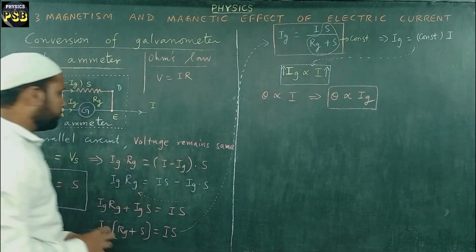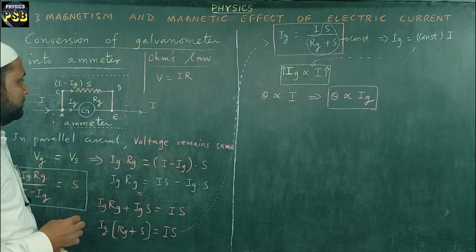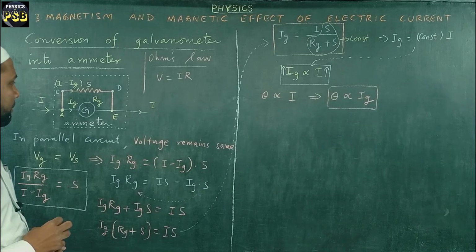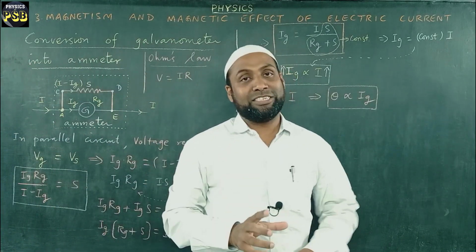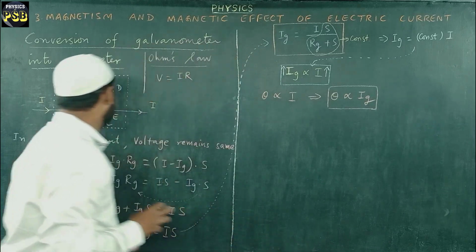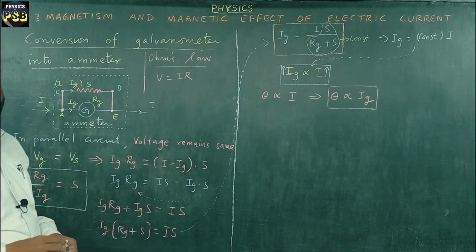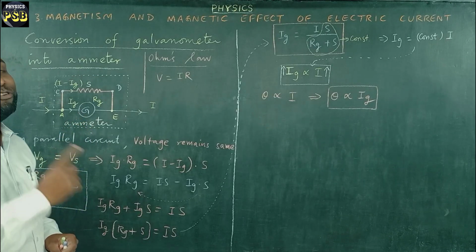When we convert a galvanometer into an ammeter, now we connect the shunt resistance. Here, in order to have full scale deflection, the value of S is selected in such a way that the galvanometer shows the full scale deflection.